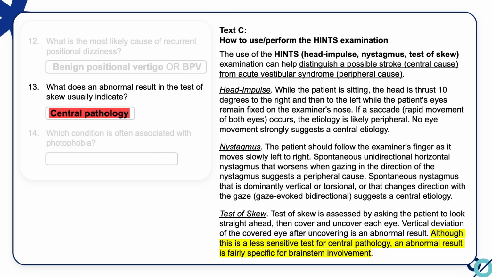Grammatically, the text says the test is less sensitive for central pathology. The specific thing an abnormal result points to or indicates is brainstem involvement. Remember, in OET Part A, it is vital to read the entire sentence to understand the relationship between the clauses.